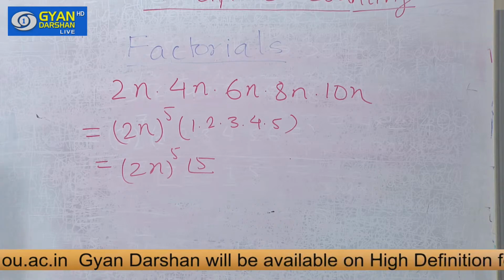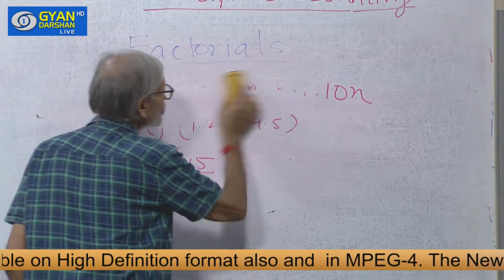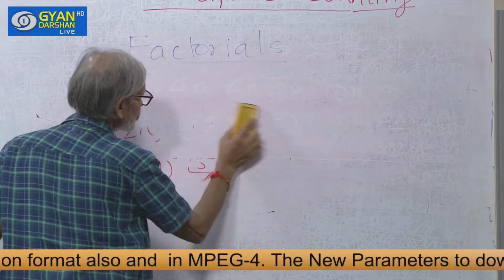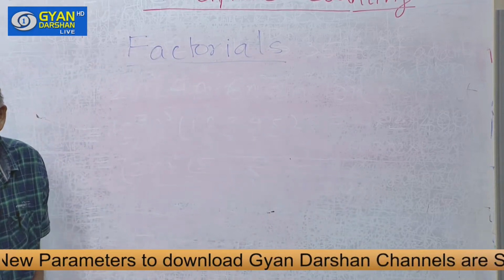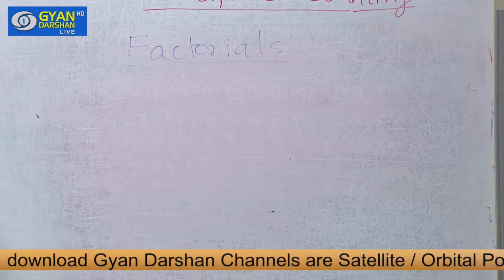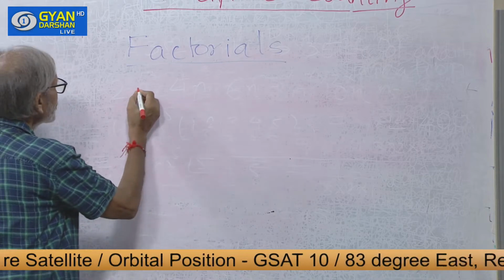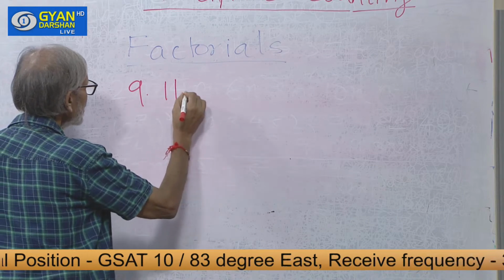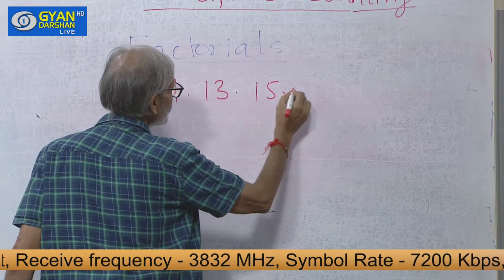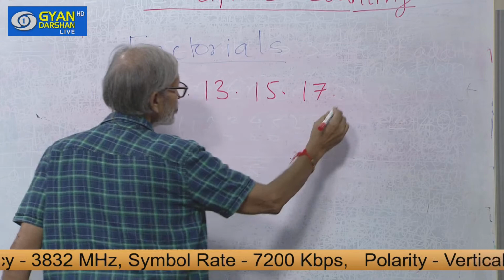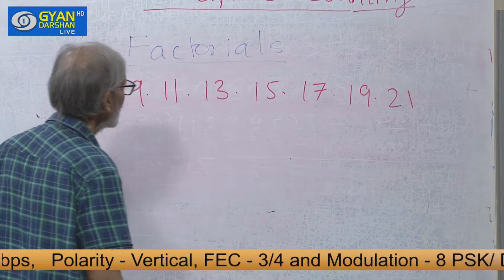Suppose one more similar example. The problem is that this multiplication is there, now how to represent it in the factorial?